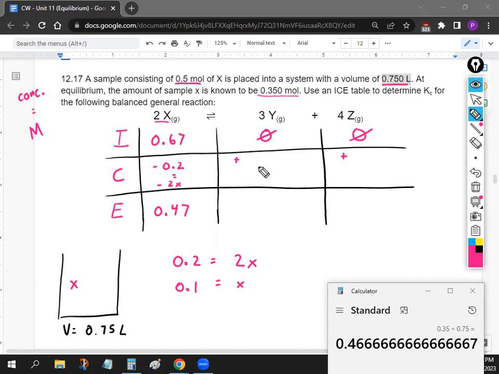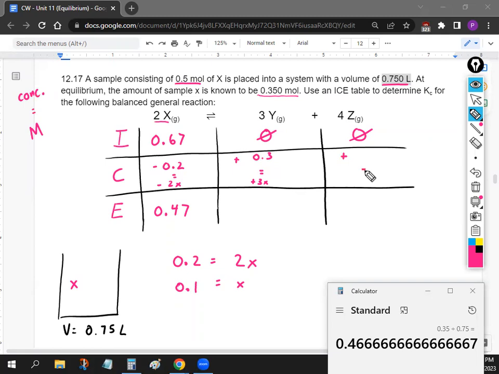Now if we take a look at this right here, how many moles of Y are appearing? 3, yeah, so it's going to be plus 3X, which means we're going to have a total of how much appearing? Yeah, 0.3. Okay, so far so good.